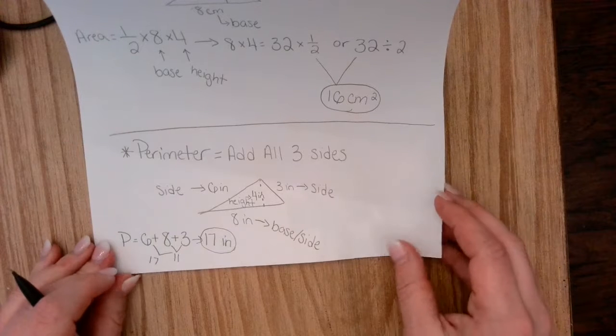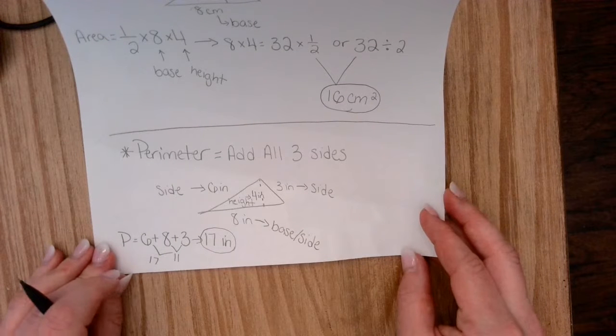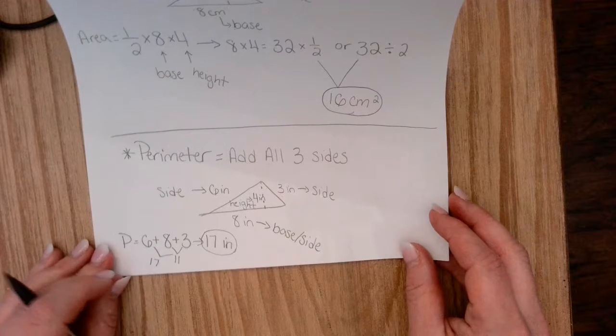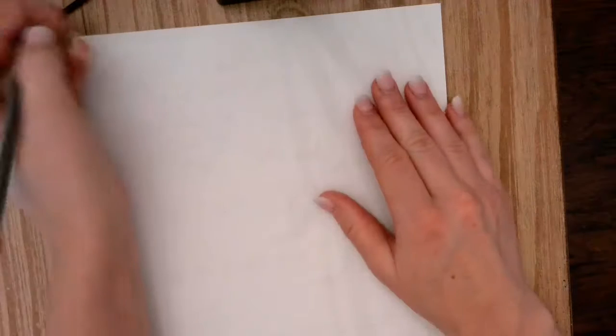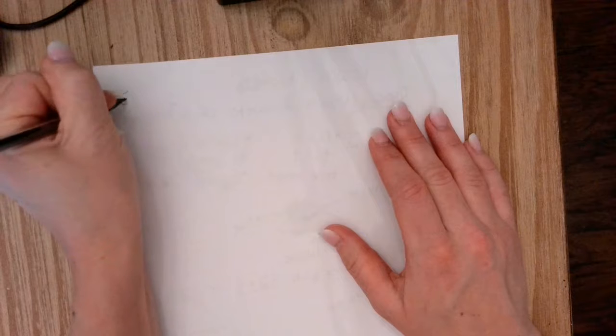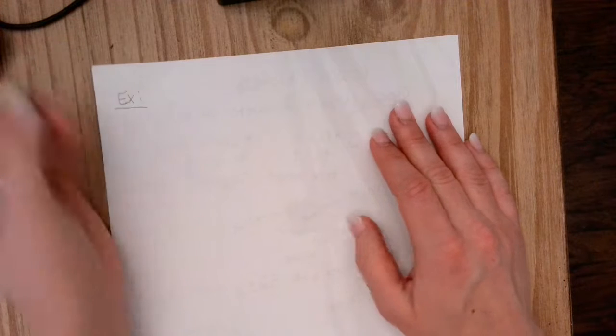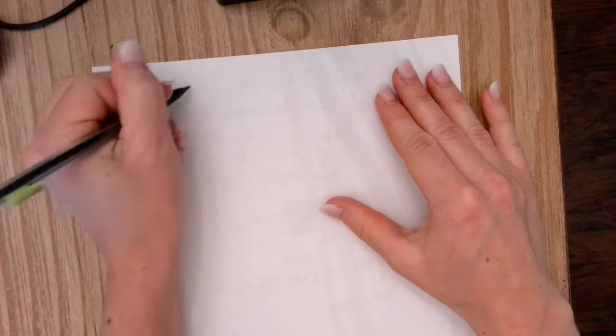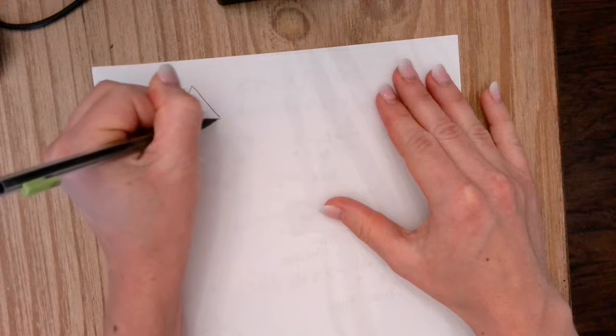Now I can do one more example. So if you feel like you're comfortable at this point, then feel free to stop the video now. But if you still need more explanation, just continue watching. So this next one, let's do a triangle that looks like this.